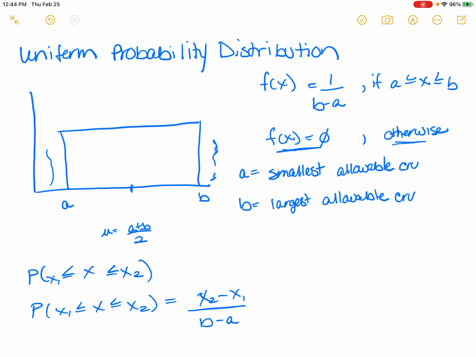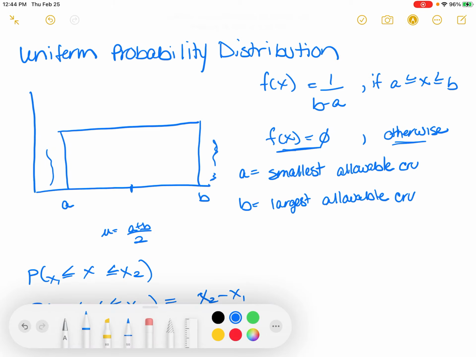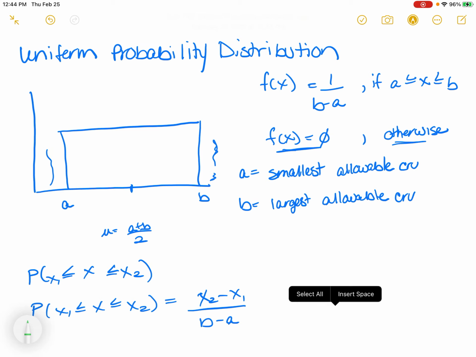Let's look at the example that's given to us in the book. I'm going to change my pen color to green. The book tells us that they're talking about being at Deerfield Golf Club again, and that playing a round of golf follows a uniform probability distribution, with the minimum time being 4 hours, which is 240 minutes, and the maximum time for playing a round of golf being 4 hours and 50 minutes, which is 290 minutes, right?